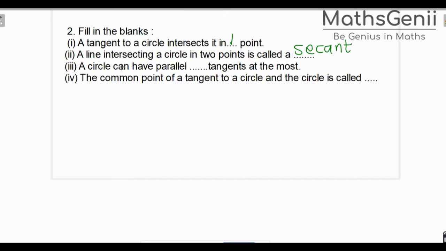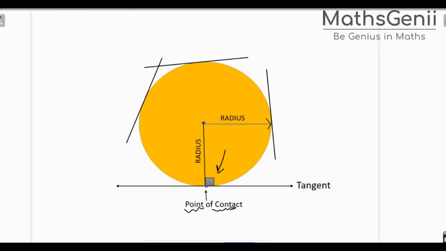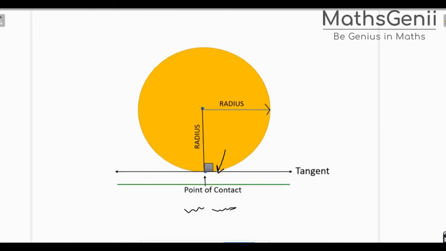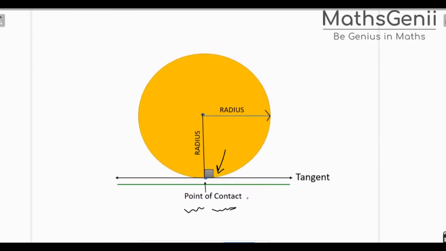A circle can have parallel dash tangents at the most. Now let's look at here. A circle can have dash parallel tangents. So this is one tangent, and a tangent exactly parallel to this is this tangent, correct?